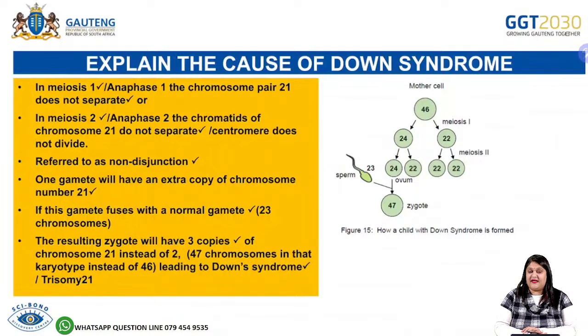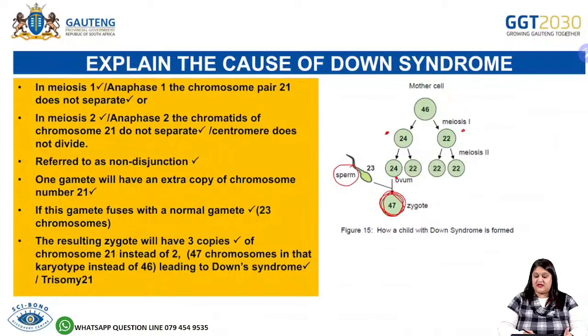Then meiosis 1 occurs, and we're going to have a cell with one more chromosome, and one with one less. And then when they divide, we are still going to have one with an extra chromosome. That's an ovum. When the sperm cell comes, which has 23, which is normal, then we are going to have a zygote with 47. So that's what I explained to you earlier as well. There's just a different representation.